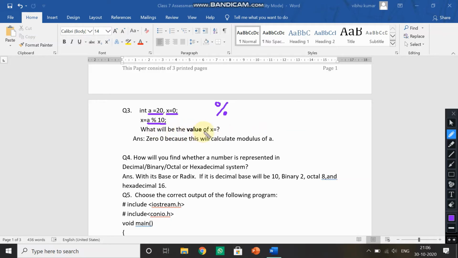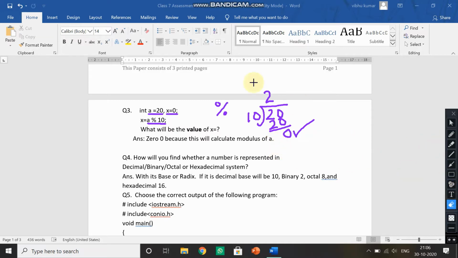So what will be the value of x? Simply, when you divide 20 by 10, because it is written modulus 10, the quotient will come 2 and the remainder will come 0. So the answer is 0. The value of x is equal to 0, because this will calculate modulus of a.